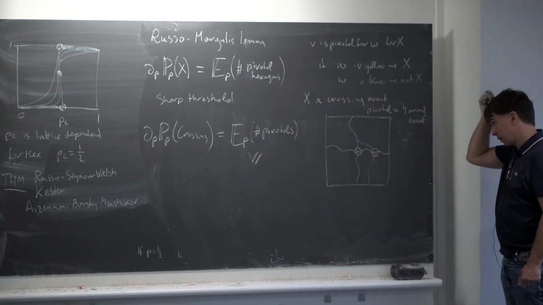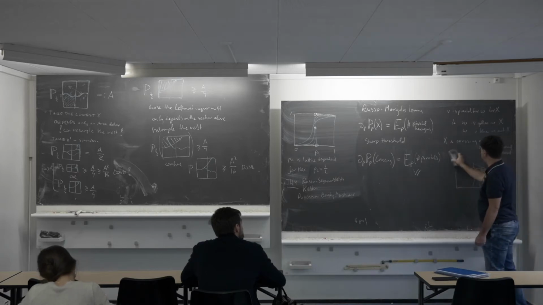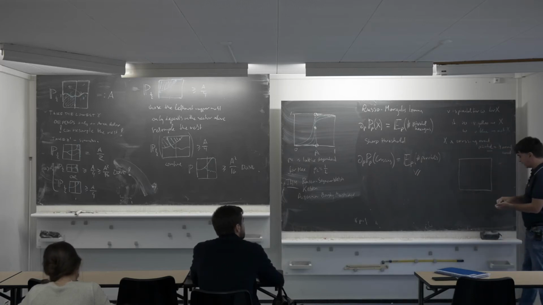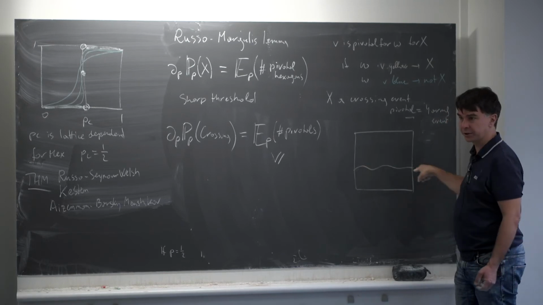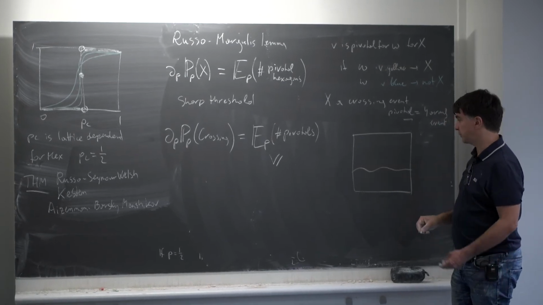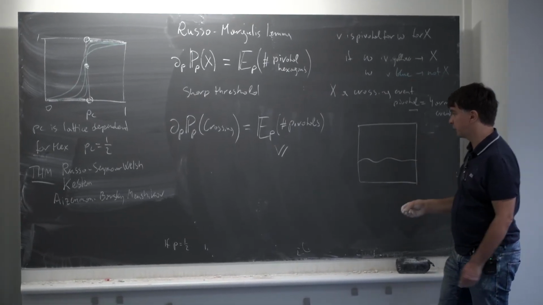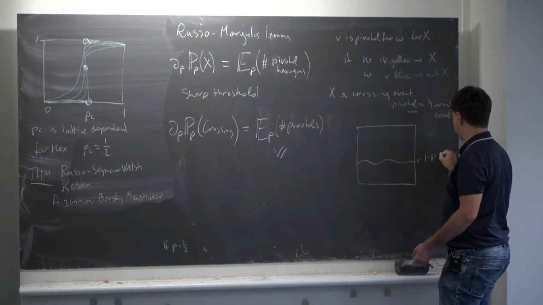First, what do you have to have for a pivotal? Well, to have a pivotal, you first need to have a left-right obstruction. The left-right obstruction has probability 1 minus the probability of a crossing. So this gives you probability 1 minus probability of a crossing.